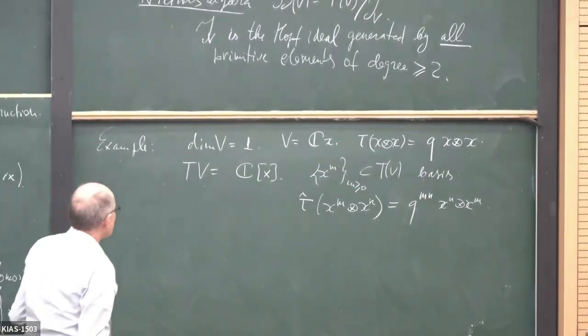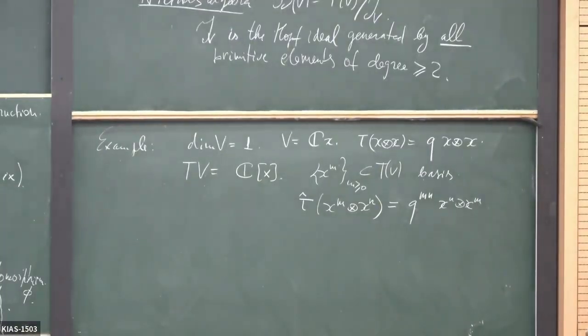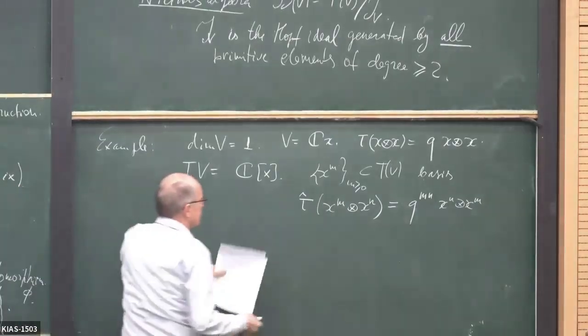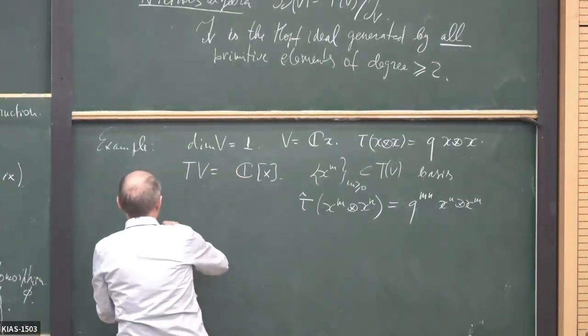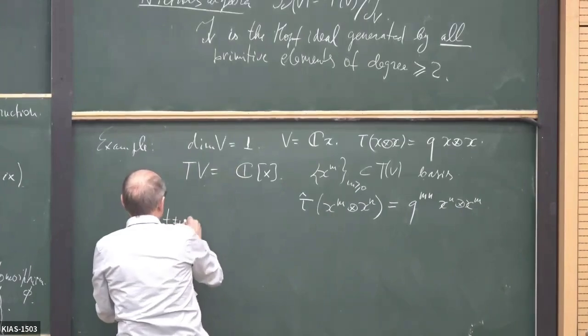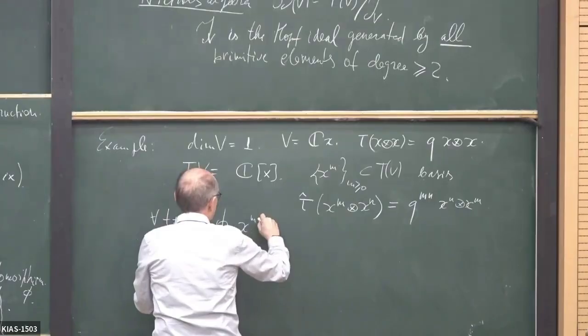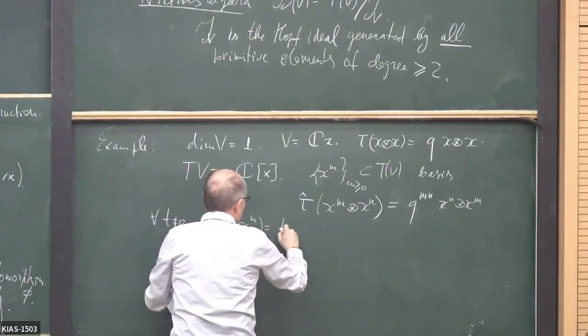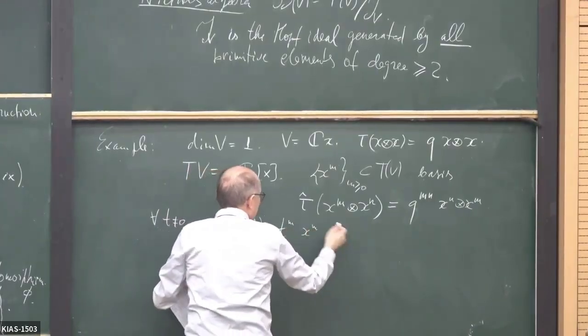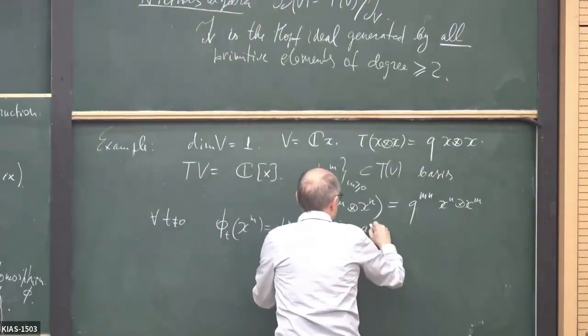And then to specify, in this approach to construct an R-matrix, we have to pick an automorphism. And there is a natural diagonal automorphism for any t non-zero: phi_t acting on x^m, given by t^m x^m, is an automorphism.